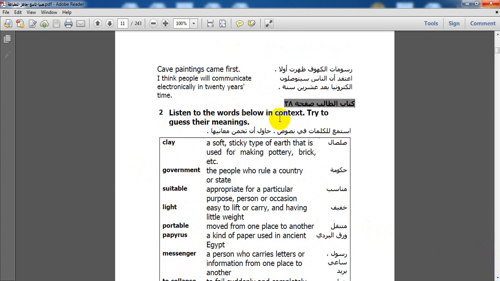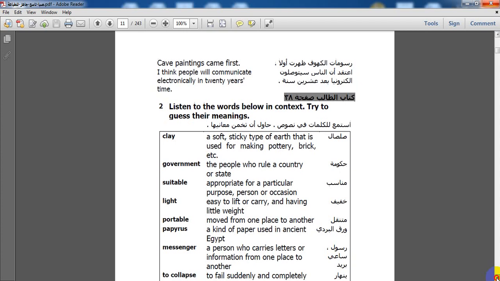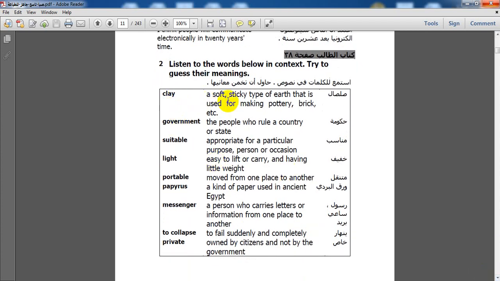Listen to the words below in context. Try to guess their meanings. Clay, a soft, sticky type of earth that is used for making pottery, bricks, etc. Governmental, relating to people who rule a country or state. Suitable, appropriate for a particular purpose, person, or occasion.